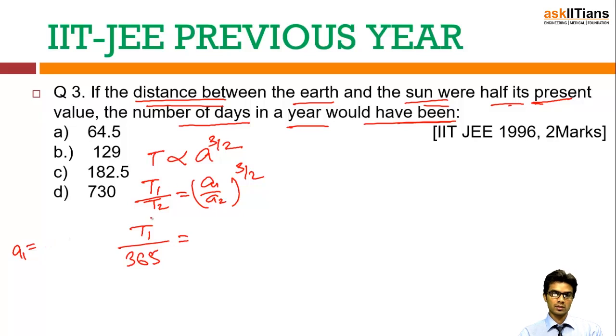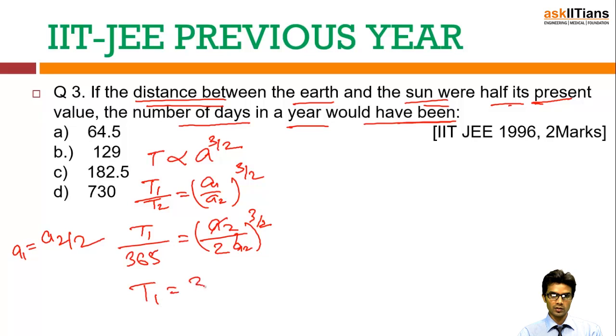So a1 is equal to a2 by 2. So T1 is equal to 365 into (1 by 2) to the power 3 by 2, as a2 cancels.